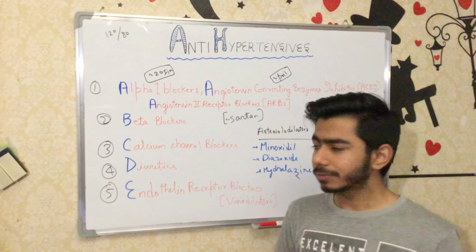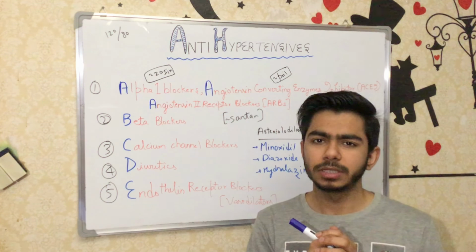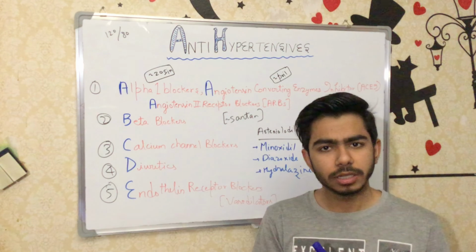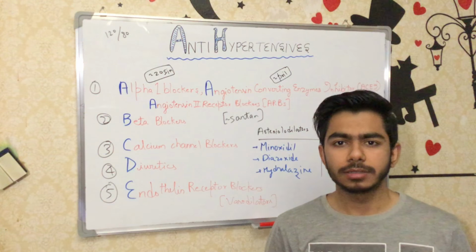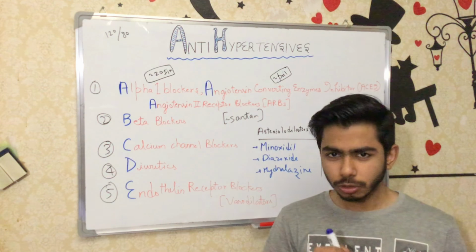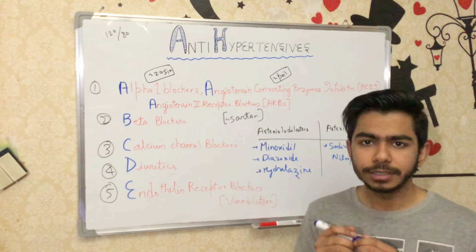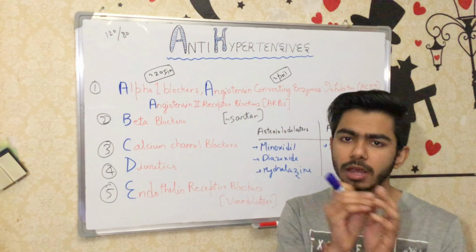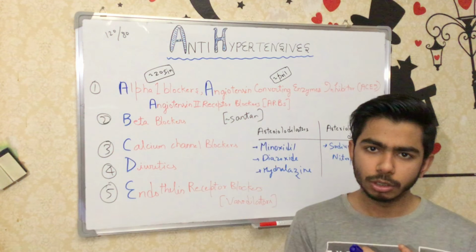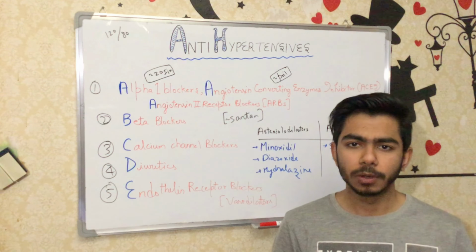But baroreceptors are present in the macula densa cells, and they are also present near the carotid sinus. What will they do? Baroreceptors will sense the low blood pressure in our body, and they will send signals through the glossopharyngeal nerve, that is the 9th nerve, to the vasomotor center in the medulla oblongata.